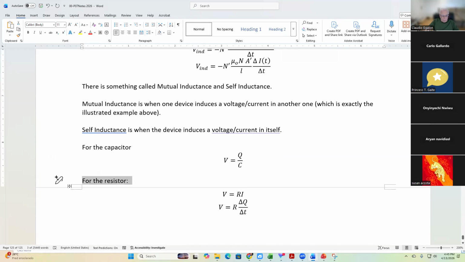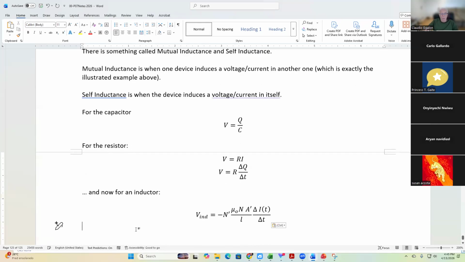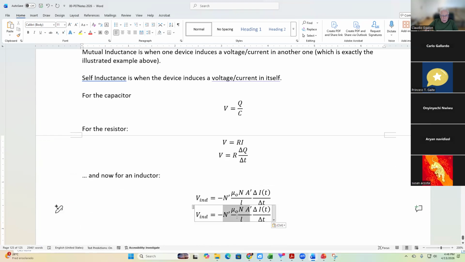And now for an inductor. This whole thing that we see right in here, we give it a name. We call it mutual inductance. And we write it as M.